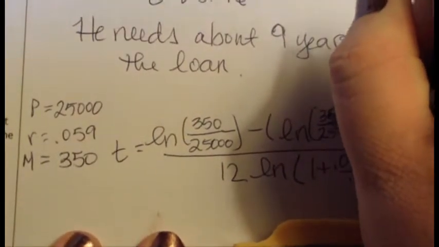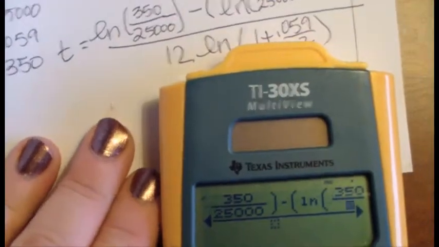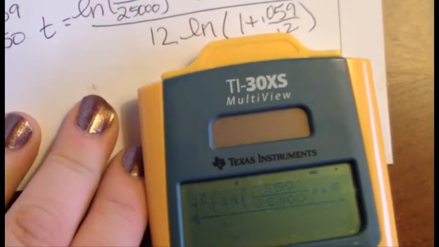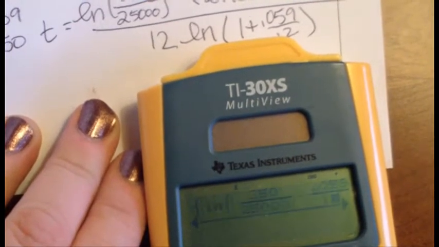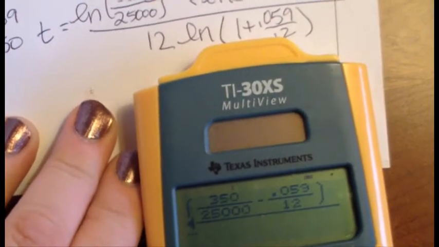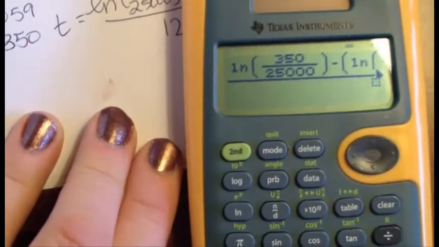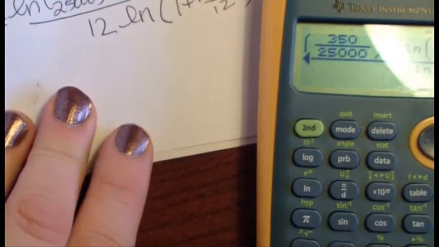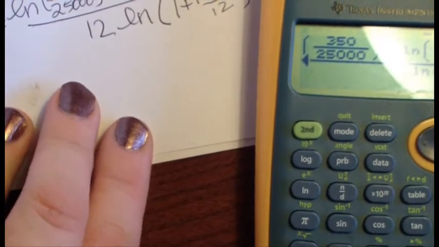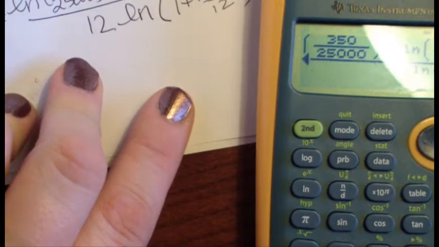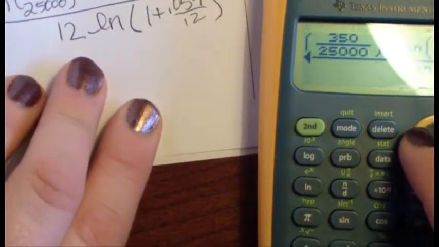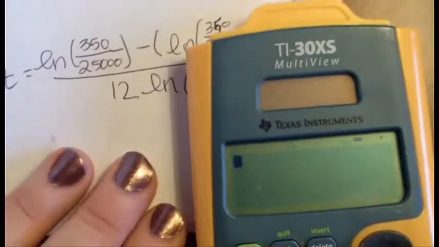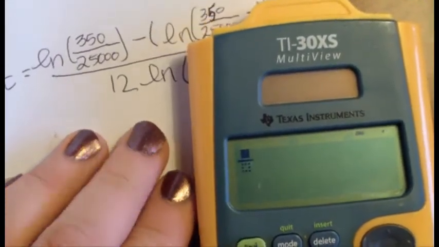It should be 350 over 25,000 minus 0.059 over 12, two parentheses, over 12 times the natural log of 1, oops, it should be 12, I just put 1, 12, oh no, I hate when I do that. Okay, I'm going to have to start over.